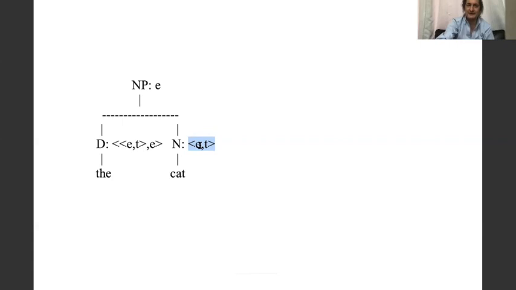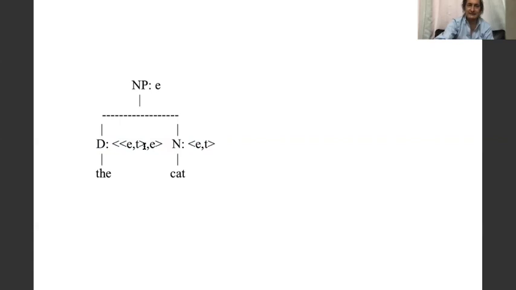That's something that requires an E and gives back a T. If we put E here, that would mean this NP as a whole would have to be type T. But we started with the assumption that it isn't, that it's of type E instead. And that means we can't take cat to be the functional thing that takes this as its argument. Rather, we need the to be the functional thing that takes cat as its argument.